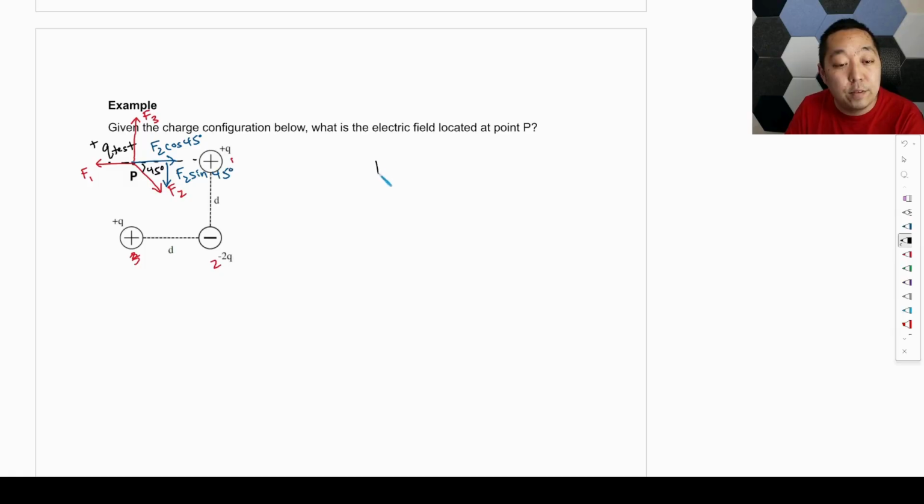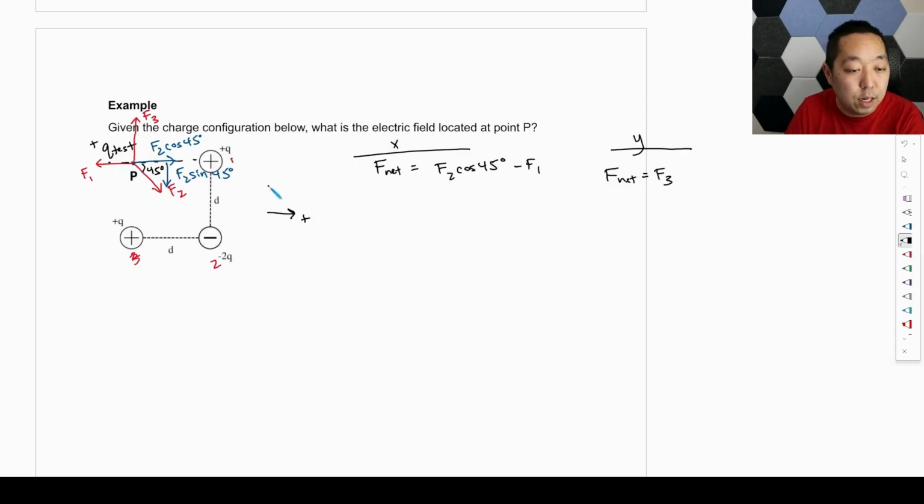Now we're going to do F net in the x and the y direction. For the x direction, if we say right is positive, F net is F2 cosine 45 degrees pointing to the right, and F1 pointing to the left, and that's it. In the y direction, we have F3 pointing up, so that's positive if we make up the positive direction, and then F2 sine 45 degrees is pointing down.